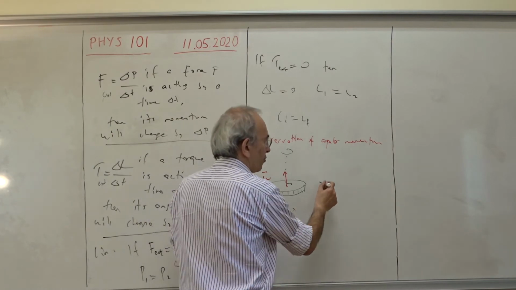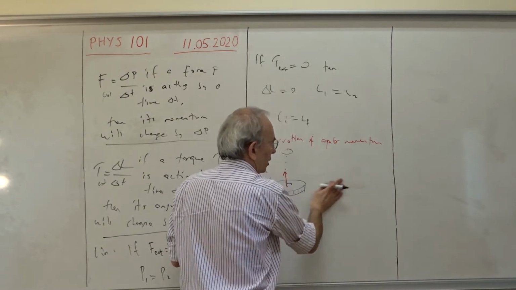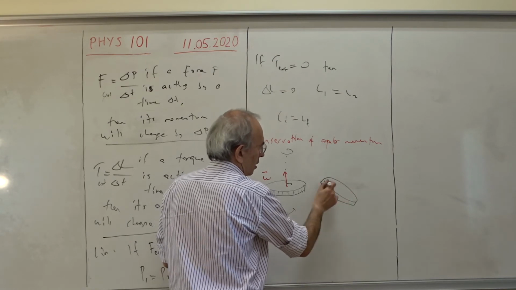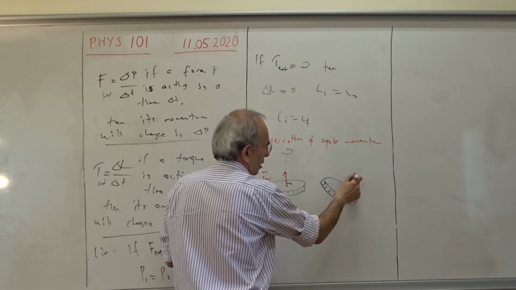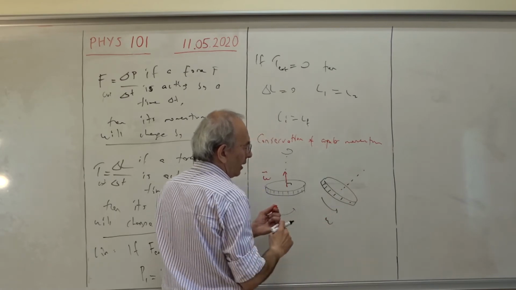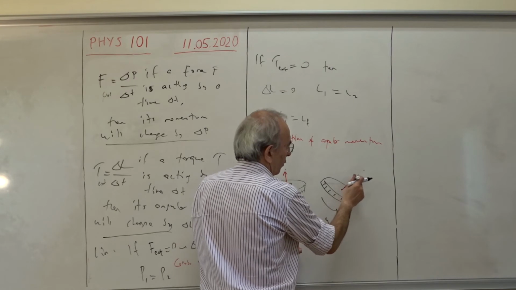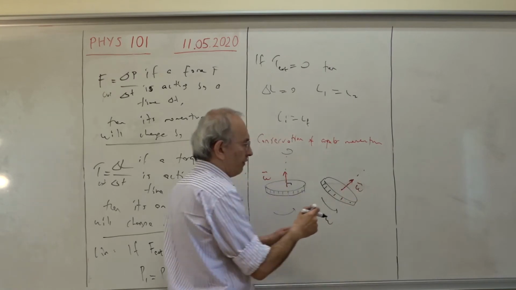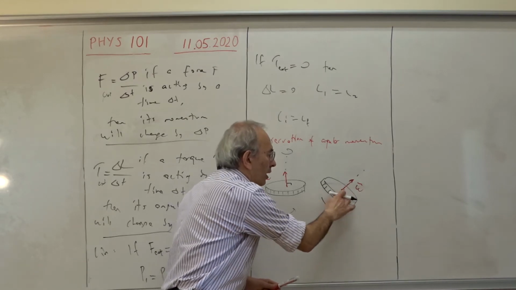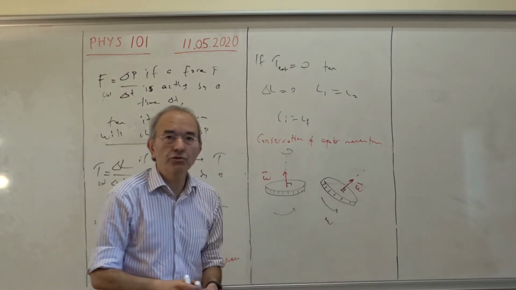And if it is turning the other way, for instance, let me show it in a different way. For example, if this is the sense of rotation, then this omega vector shows the omega vector for this rotation perpendicular to the surface of the disk.